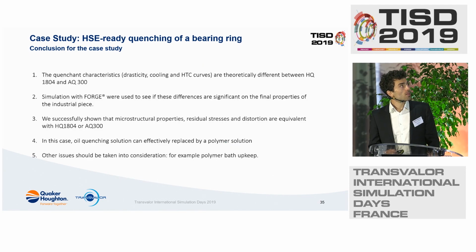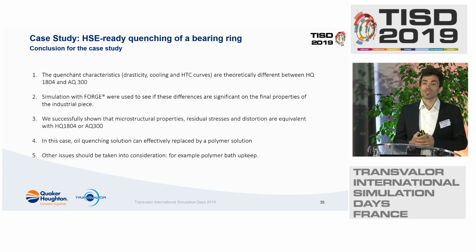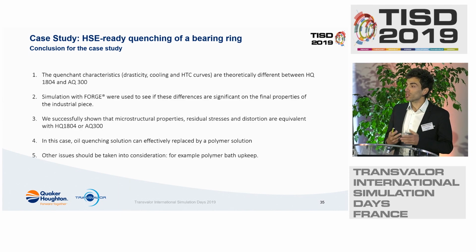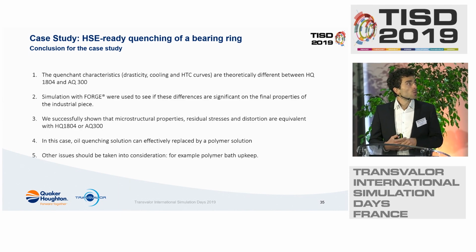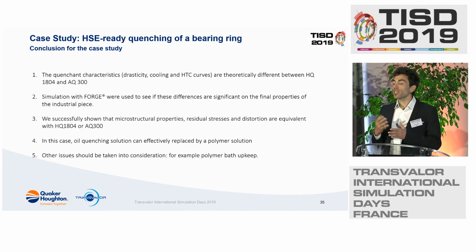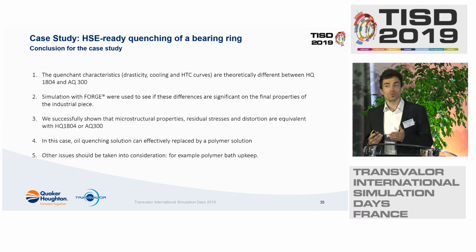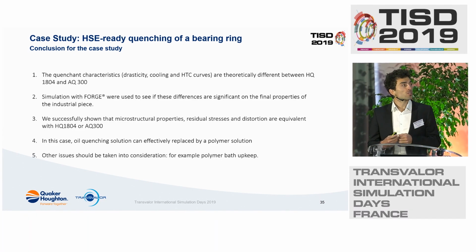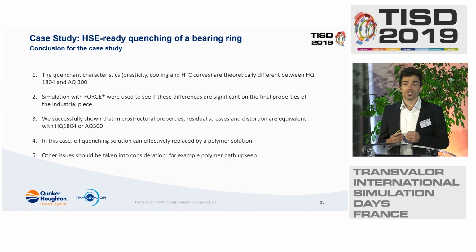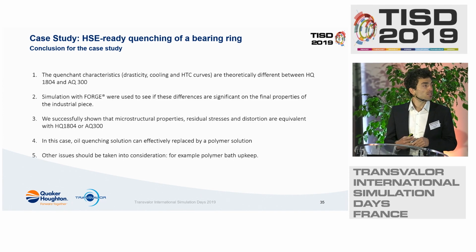Okay. So to conclude this case study, which was done on a bearing ring, we saw that it is only through simulation that we are able to tell that the bearing ring at the end of the quenching will have the same properties, and in this particular situation we can replace the oil bath solution by the polymer candidate.